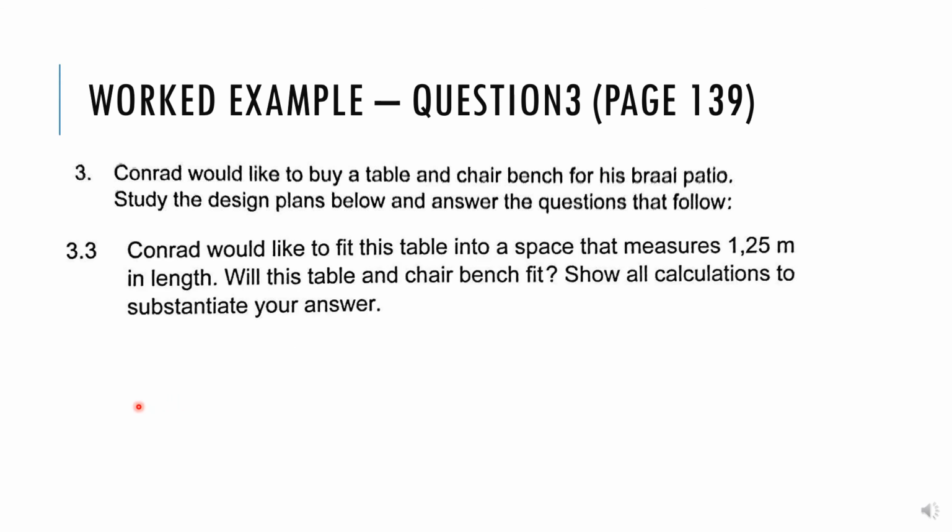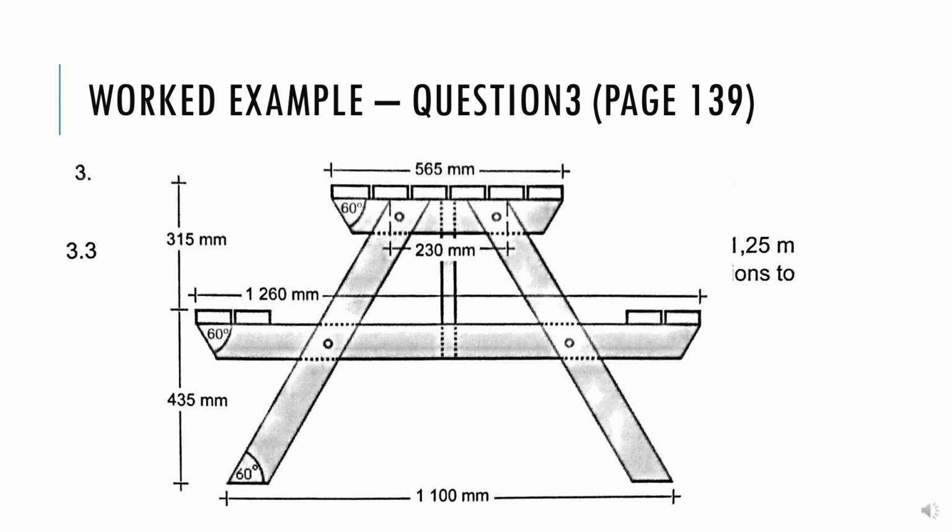3.3. Conrad would like to fit this table into a space that measures 1,25 meters in length. Will this table and chair bench fit? Show all calculations to substantiate your answer. So you'll see the longest dimension given on this diagram here is 1,260 millimeters, which is 1,26 meters.